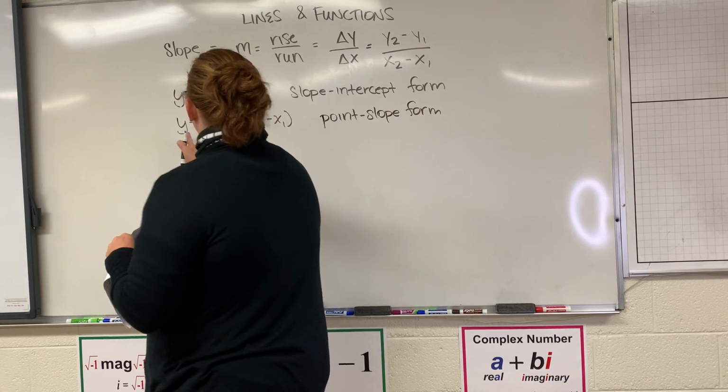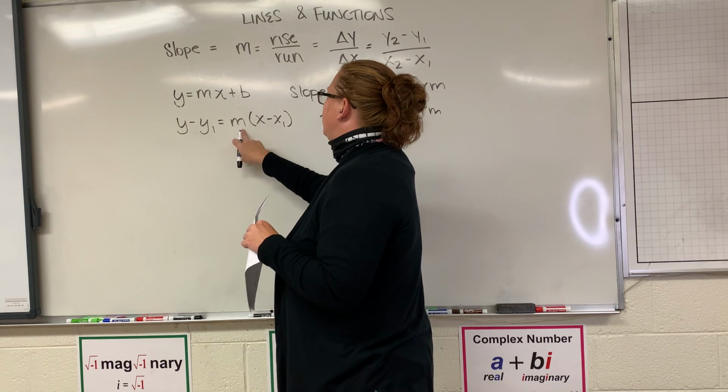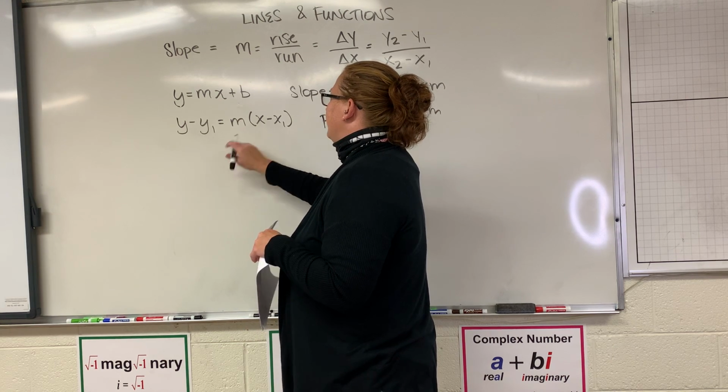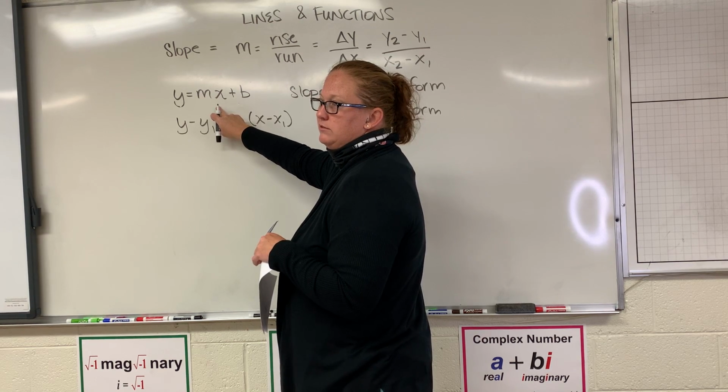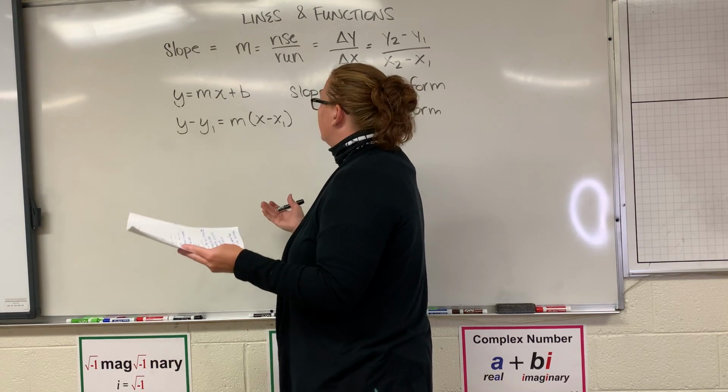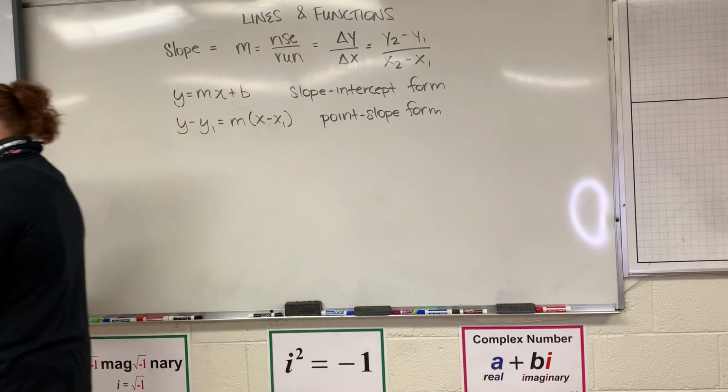You got your point is x1, y1, your slope, and then you end up usually rearranging it to look like this anyways. So, either way though. Alright, so got that.